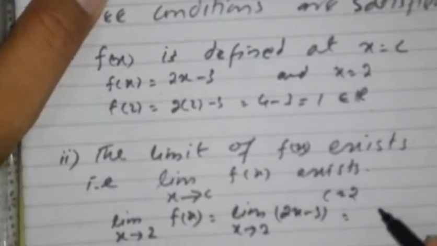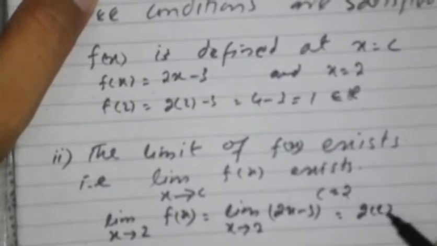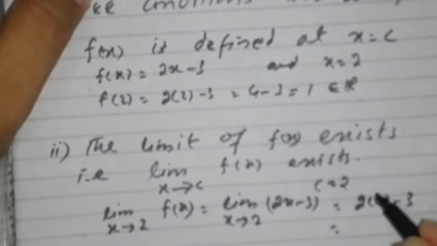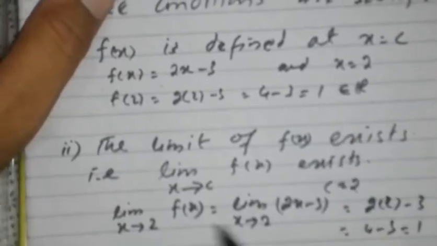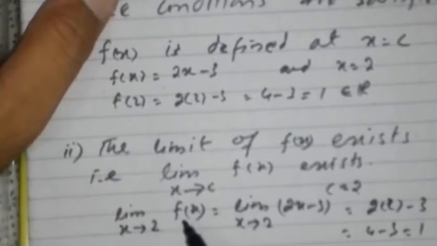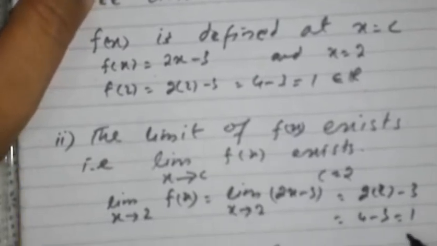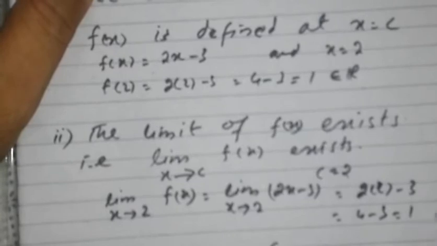Put the limit value here: 2 into 2 minus 3, we get 4 minus 3, 1. So the limit as x tends to 2 of f of x also exists, which is 1, a real number.